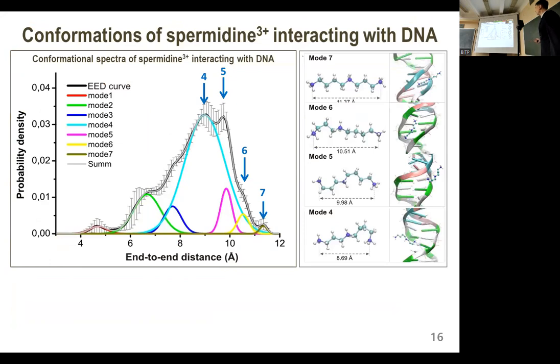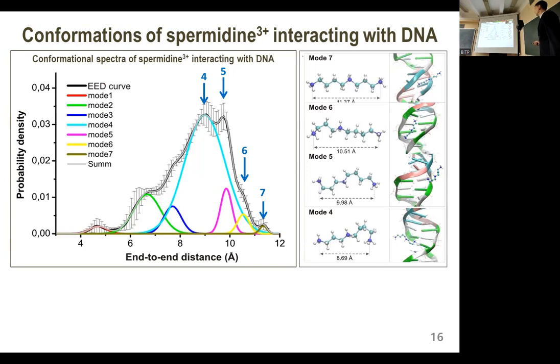So we obtained that we have some conformations of polyamines which are common for DNA system and for the solution system. You can see here the snapshots of these molecules that bind to DNA. They are localized in different regions and they bind to different phosphate groups in the minor groove, in the major groove.